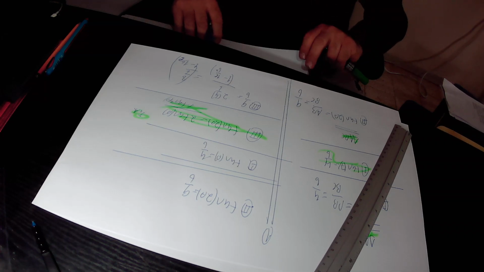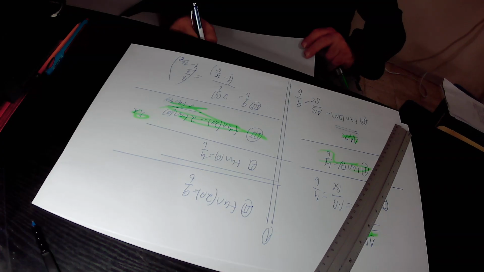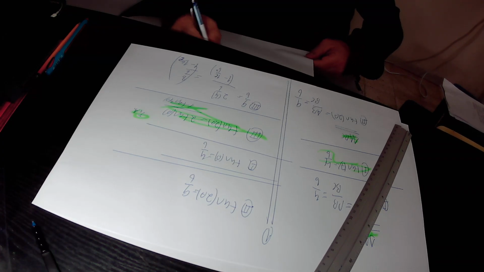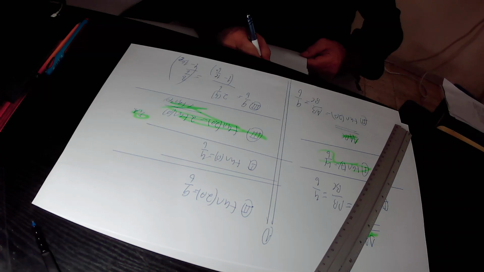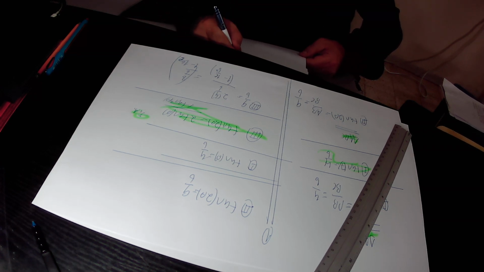So write it down again. According to equation 3, we found out that 9 over b equals 8 over b divided by 1 minus 16 over b squared.